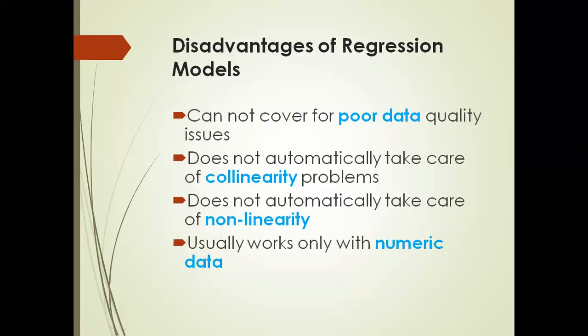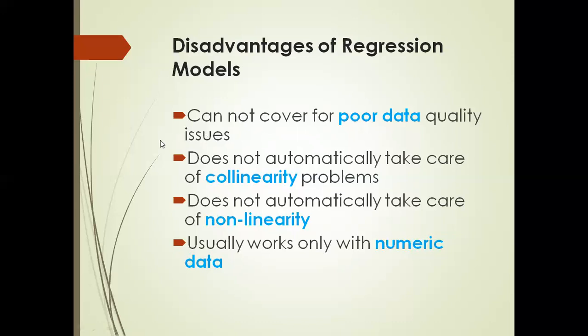Then coming to the disadvantages. The first disadvantage is that regression models cannot cover for poor data quality issues. Why? Because if the data is not prepared well to remove missing values, or is not well behaved in terms of normal distribution, the validity of the model suffers.